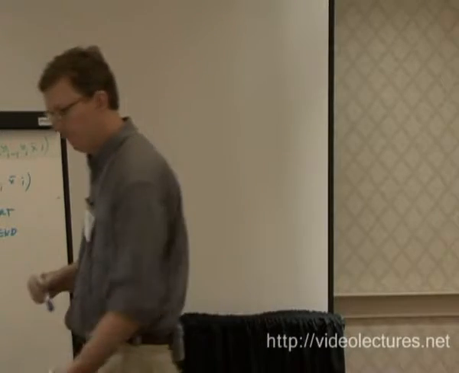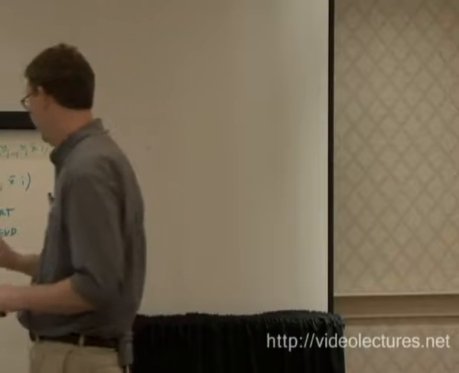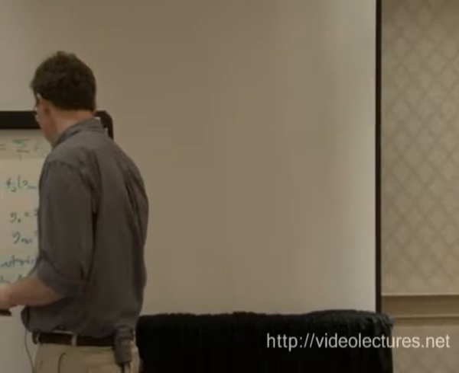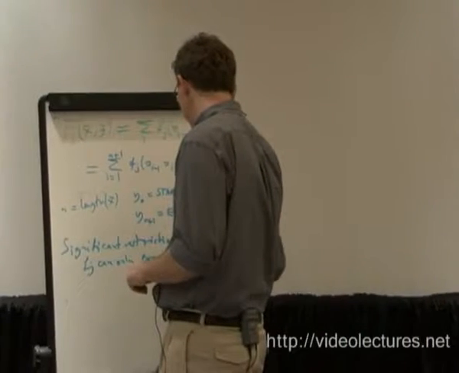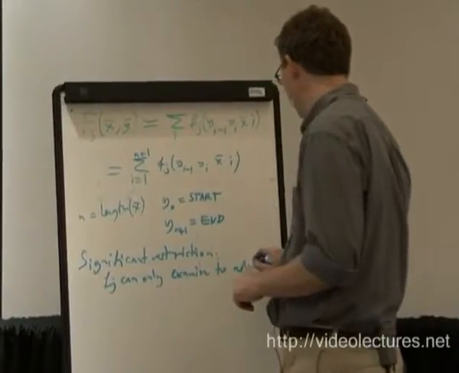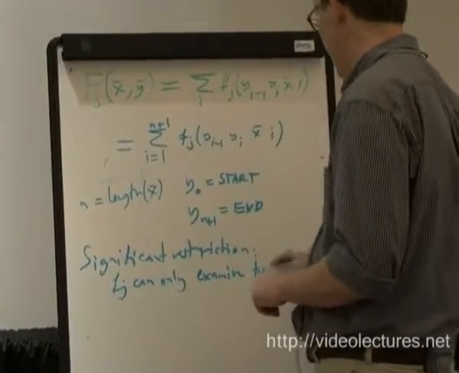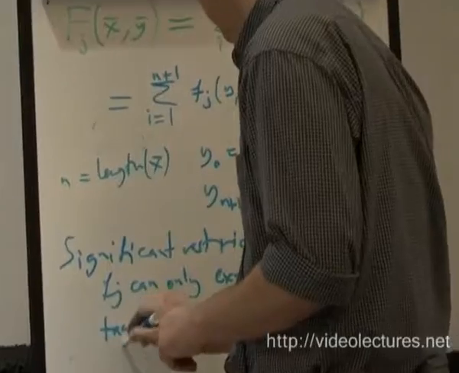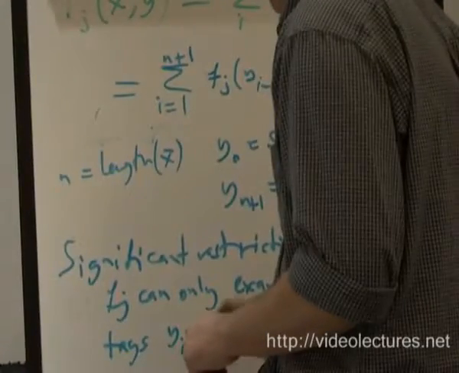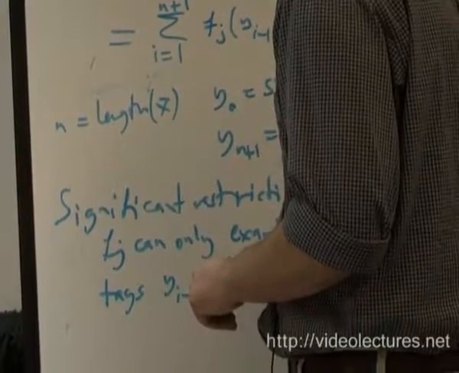Okay. So the big restriction here, the significant restriction, is that each fj can only examine two adjacent tags, yi minus 1 and yi.